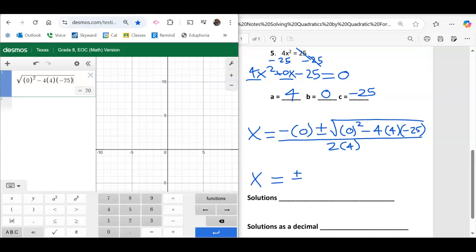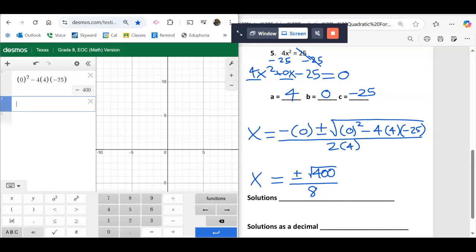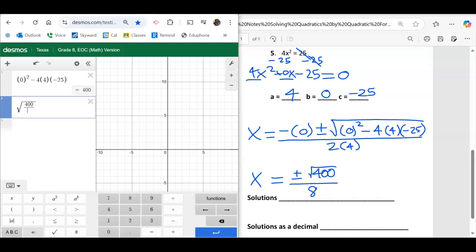Now, the whole square root gave me 20. So without the square root, it was 400. So it's the square root of 400 over 2 times 4 is 8. So again, there's nothing out here. It's just going to be positive square root of 400 divided by 8.